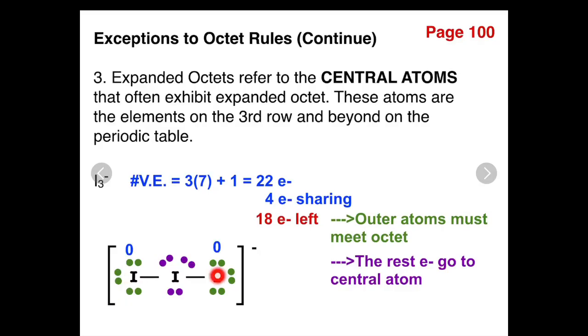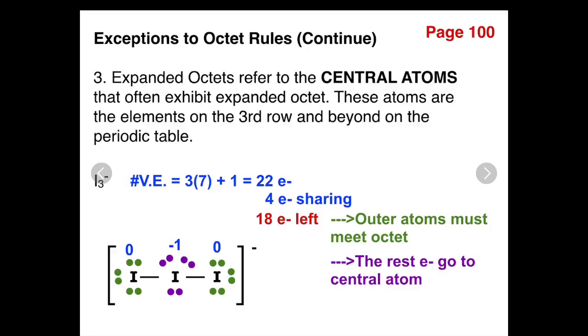Formal charge for these 2 iodine would be 0, right? So 7 minus 1, 2, 3, 4, 5, 6, 7, equal to 0. 7 valence minus 1, 2, 3, 4, 5, 6, 7, equal to 0. The central iodine contains 7 valence electrons minus 2 bonds, then 3, 4, 5, 6, 7, 8, so 7 minus 8 would be -1.